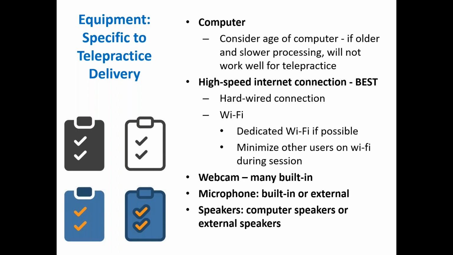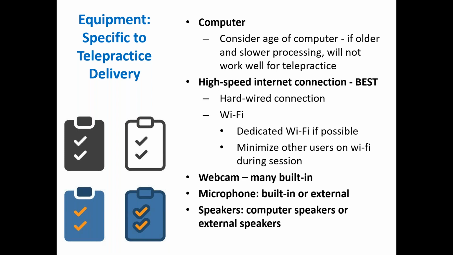A high-speed internet is going to be your best bet for having uninterrupted service when you're interacting with your treatment session. Sometimes this means hard wiring, taking the cord from the wall and plugging it right into your computer so that you're not having to depend on Wi-Fi if you happen to have spotty Wi-Fi.